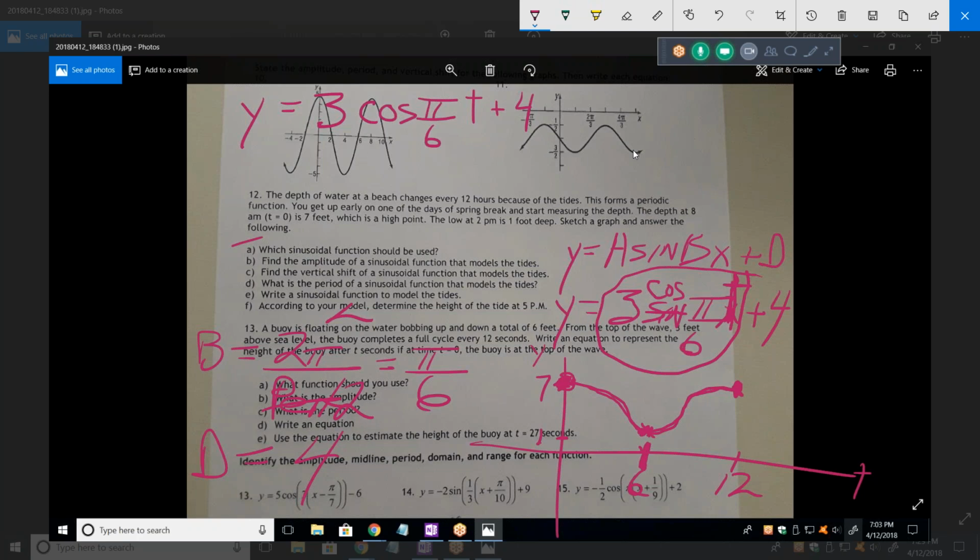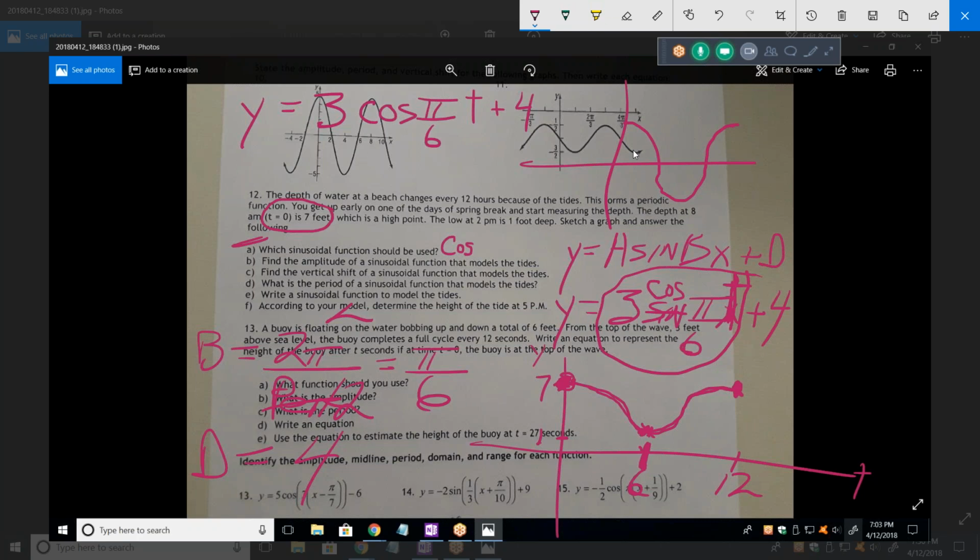Oh, I see. The question A was which sinusoid function should be used, and the answer is cosine. And the reason is that if you draw a cosine curve, you start at the top, then you go down to the bottom, and then you come back to the top, which is exactly what the tides are doing. They're starting at the top. 7 feet is the high point.